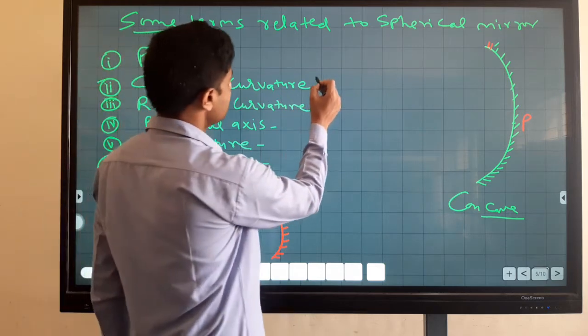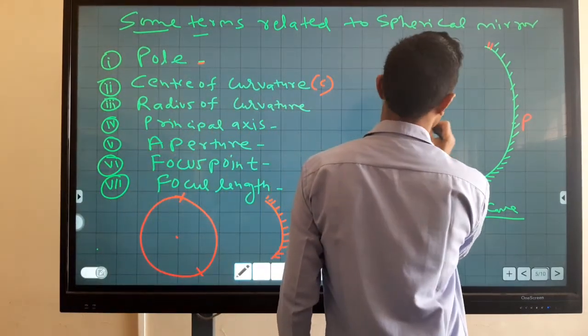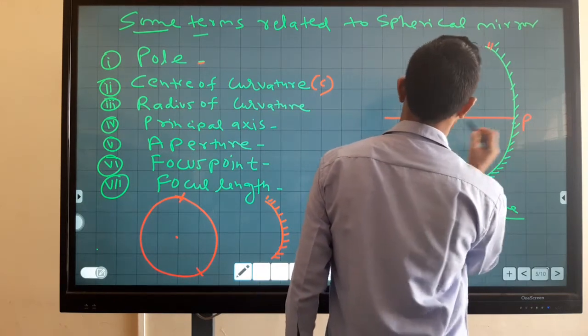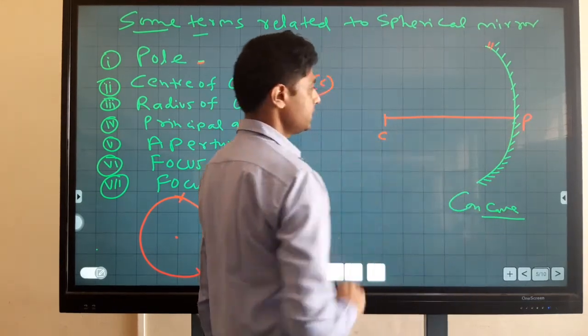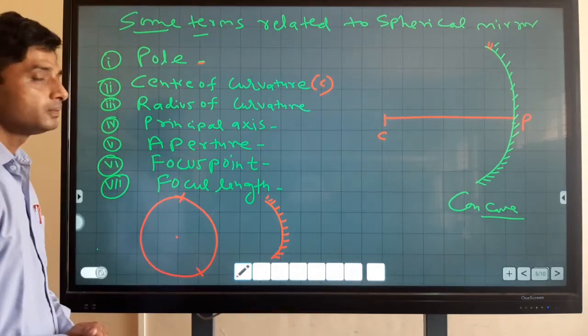The symbol of center of curvature is C. This point is C.